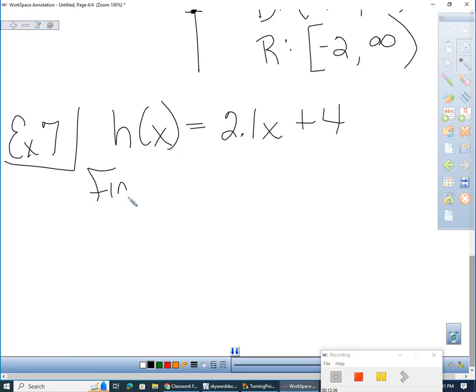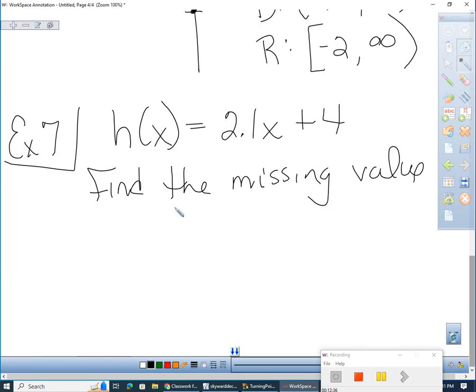Find the missing value for the point, let's do 3w. Okay, so w represents what? It represents the y value, right? And up here, what's my y value? H of x. Okay. So we need to figure out what h of x is equal to.